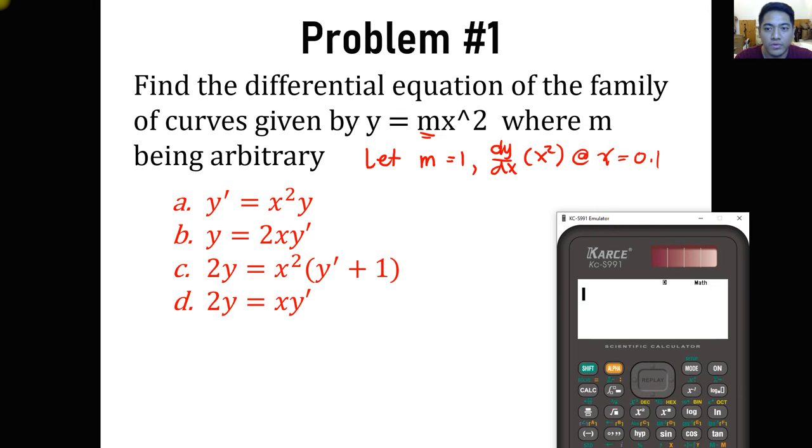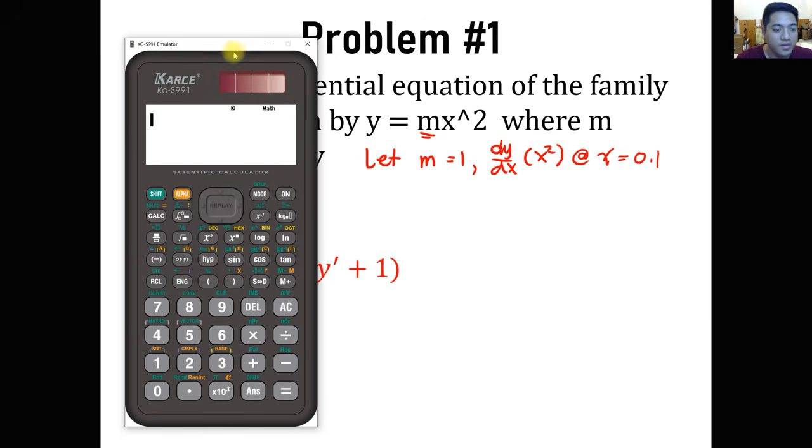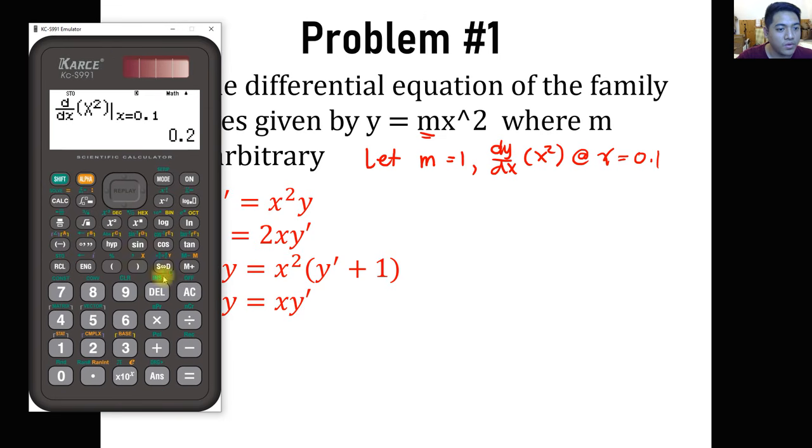So first, I'm going to get the derivative using the calculator. Shift, then d over dx of alpha x squared, where x equals 0.1. If I solve this value, I have an answer of 0.2, which I will store with shift store to m.